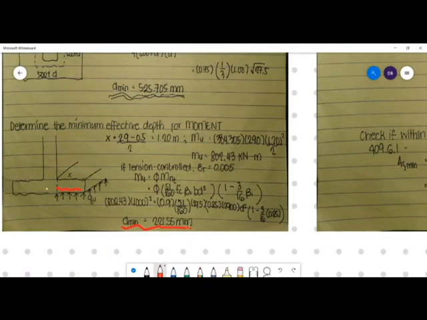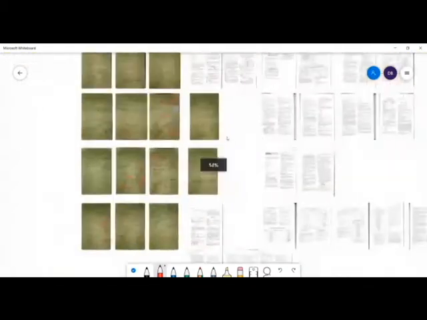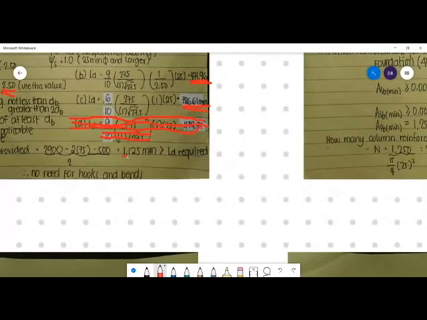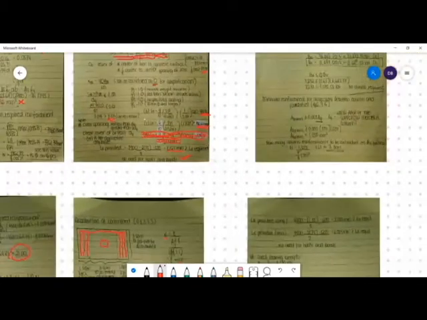Half of the footing, the value of x, we just reduce the concrete cover: 1,200 minus 75, so that is equal to 1,125 millimeter. It is greater than the required development length, so therefore we don't need any hooks or bends for problem number 1.